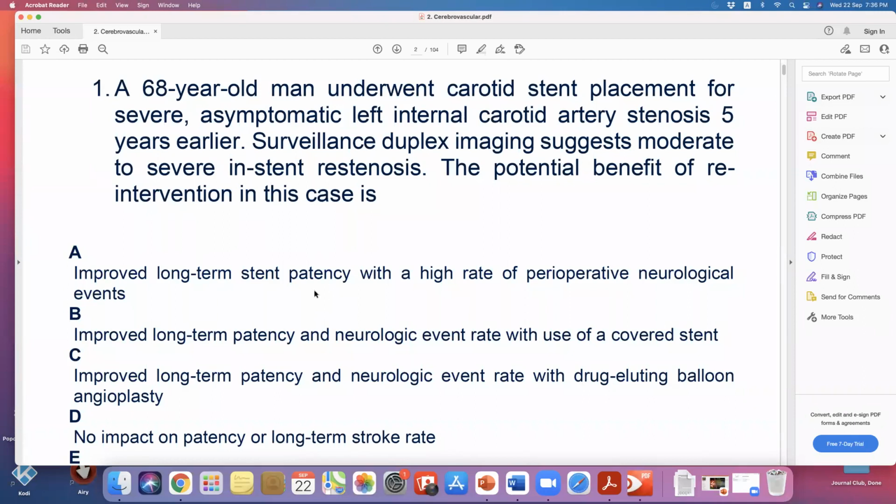The potential benefit of re-intervention in this case is... So we are talking about a previous carotid artery stenting 5 years ago, and the follow-up duplex showing in-stent stenosis. Correct. And the patient is asymptomatic. He was asymptomatic, yes. He's still asymptomatic. He didn't mention any symptoms, so we presume he's asymptomatic, correct?